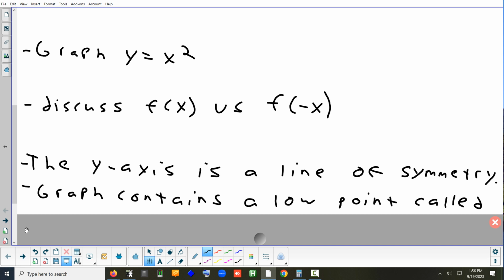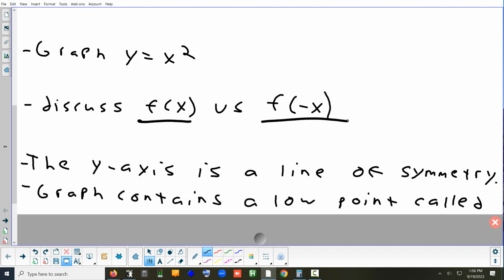That's basically what the negative does. When you put a negative on the inside, it causes the parabola to flip over the y-axis. And if you can graph this and that, and they look identical, that means your picture has a line of symmetry on the y-axis.